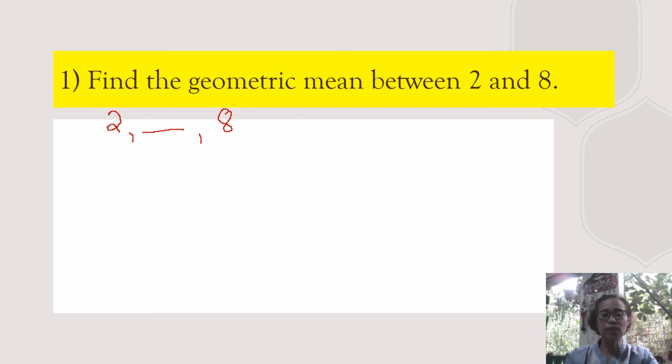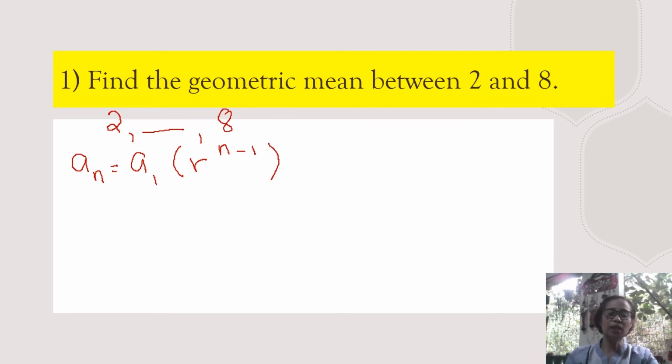Now to get that missing middle term, we are still going to use the general rule: a sub n is the first term multiplied to the common ratio raised to n minus 1.